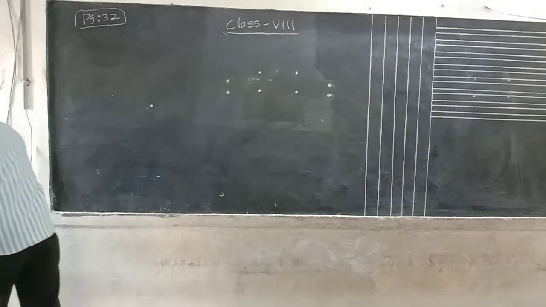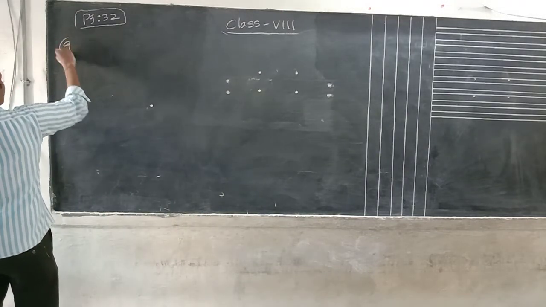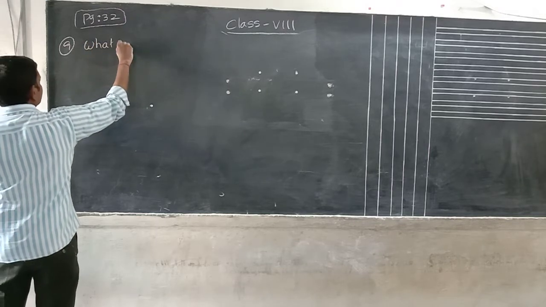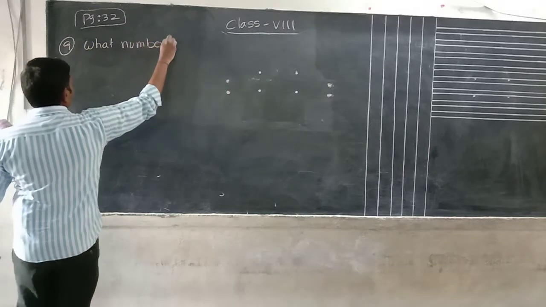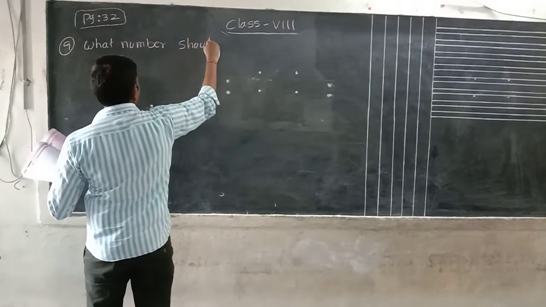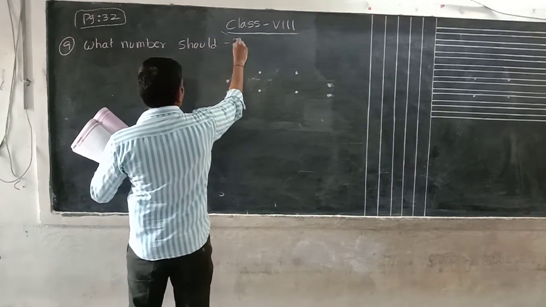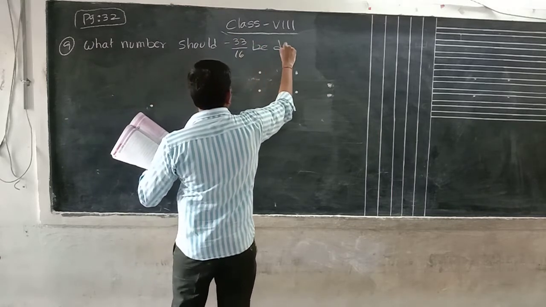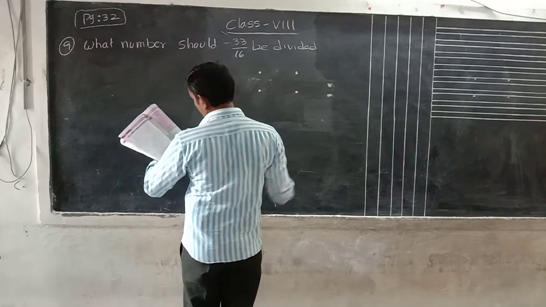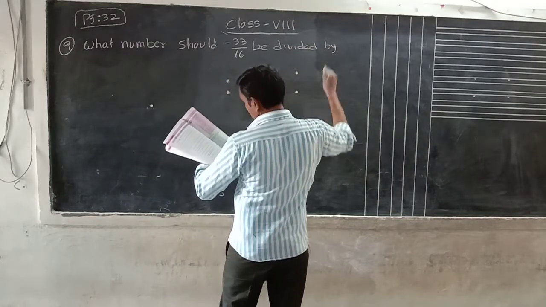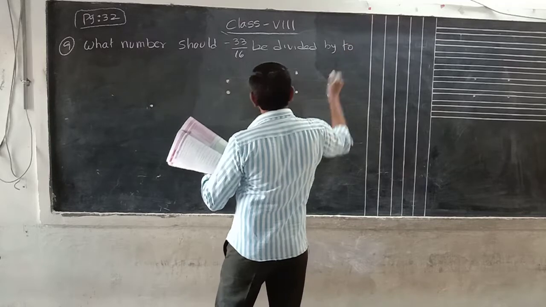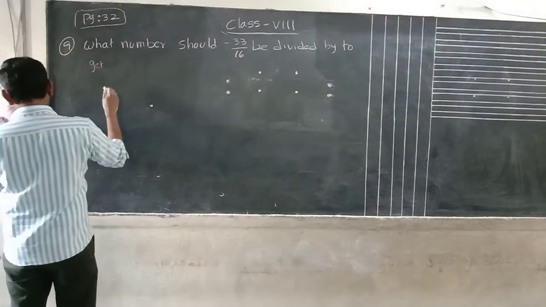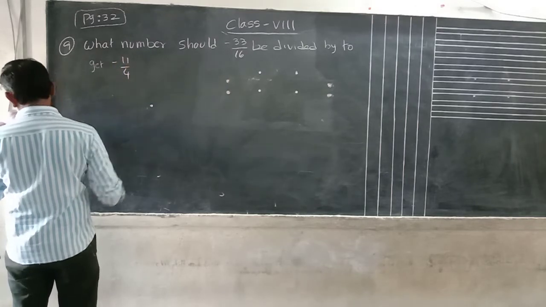Ninth question. What number should minus 33 by 16 be divided by to get minus 7 by 4?